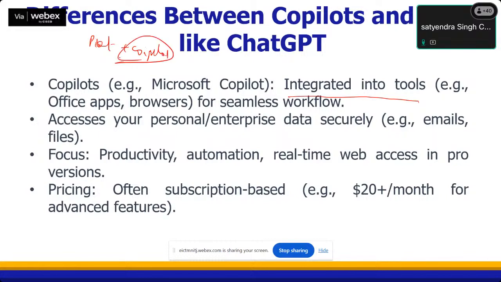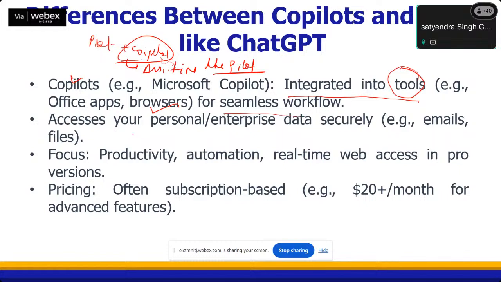The co-pilot is basically assisting the pilot. Similarly, here the co-pilot is assisting the users who are using the tools. So it integrates with tools like office apps, browsers, or any other tools for seamless workflow.